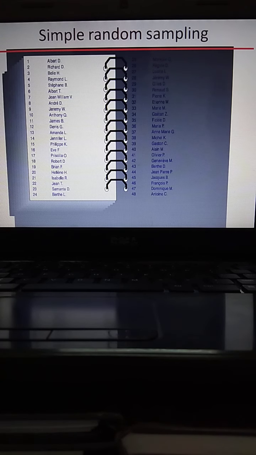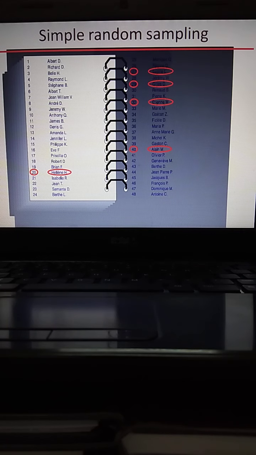So without any criteria, if you randomly pick sample units of 5, because you want to have 5 units in your sample, that becomes a simple random sample. So number 28 person is chosen as a member of the sample, like the 48th person, 29th person, 27th person, 32nd person.